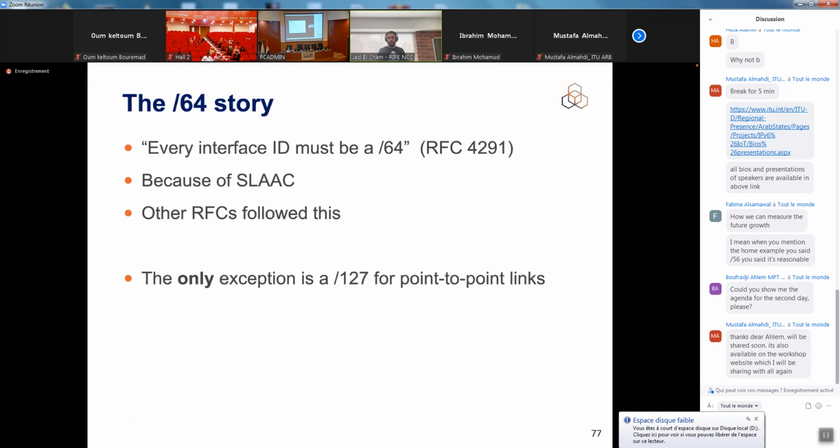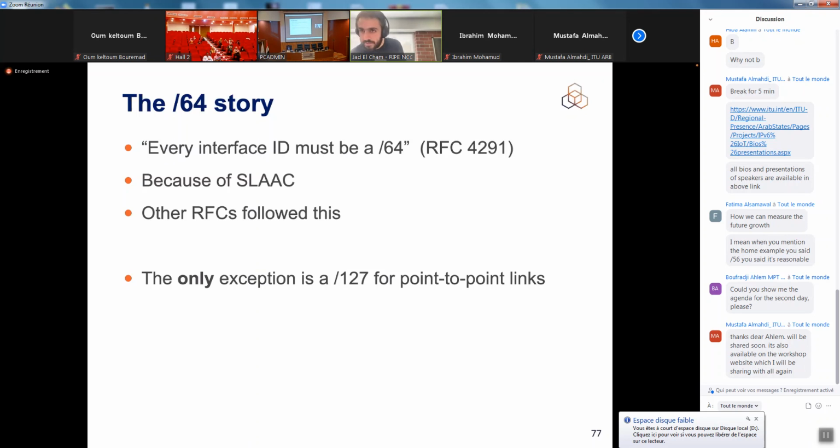Now, what's the story with /64? I've mentioned it many times, like one network should be one /64. Why not /65 or /70 or whatever? There's a historical reason for this, and it was stated in RFC 4291 that says every interface ID must be 64 bits.